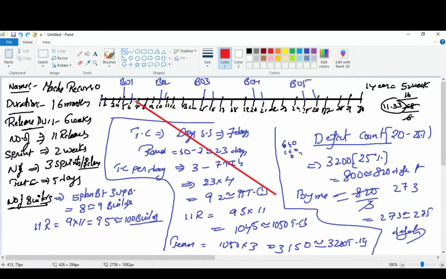So 5 planned builds, plus 3 unplanned builds, so 8 to 9 builds for one release. Total we have 11 releases. So 9 into 11. I have taken 9 as an average value. 9 into 11, 95 to 100 builds.